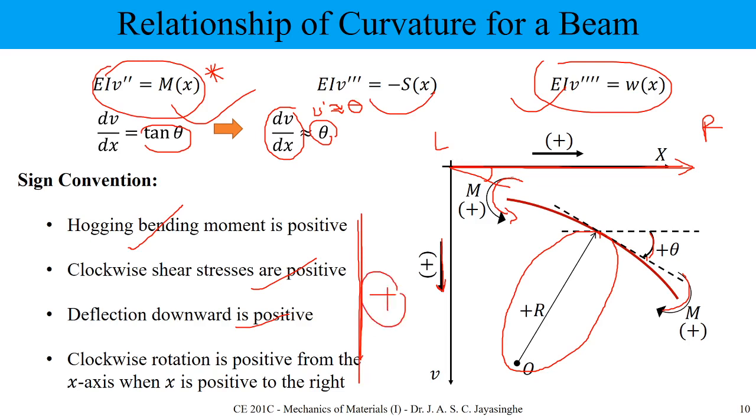If you define the bending moment as positive in this manner, then we define the radius of curvature as positive. So if we have this kind of arrangement, you can directly apply it. If we apply a positive bending moment, that means hogging, and these values give positive values. Simply that's the meaning here.